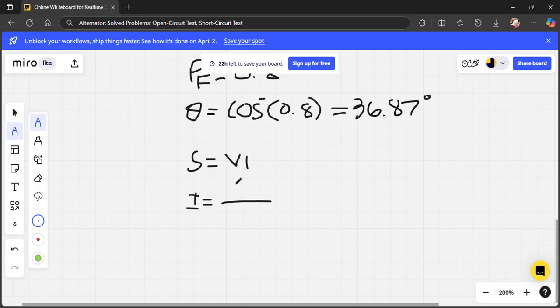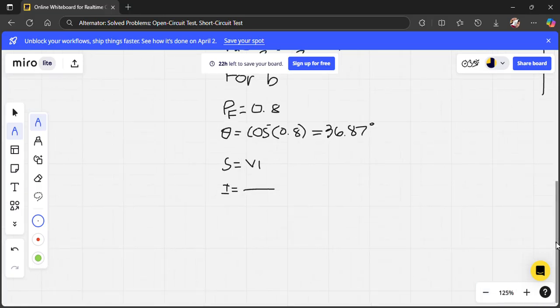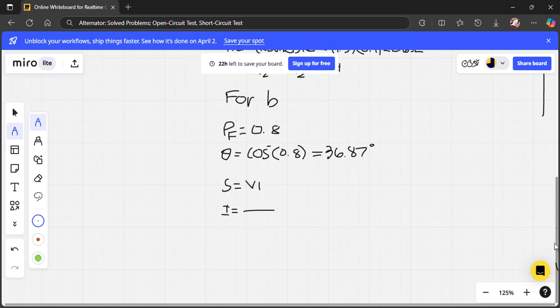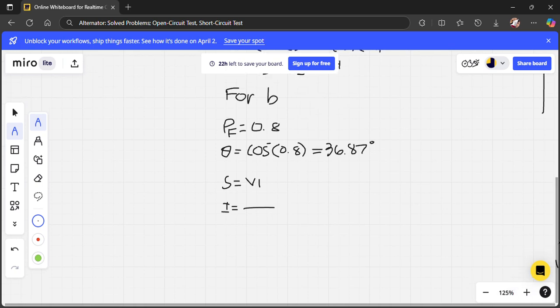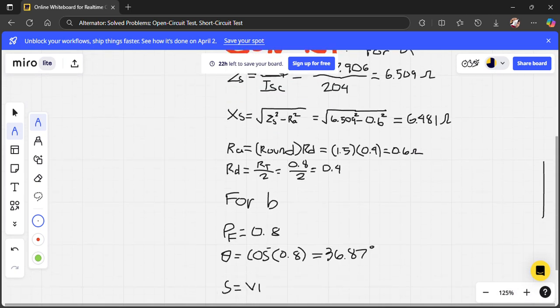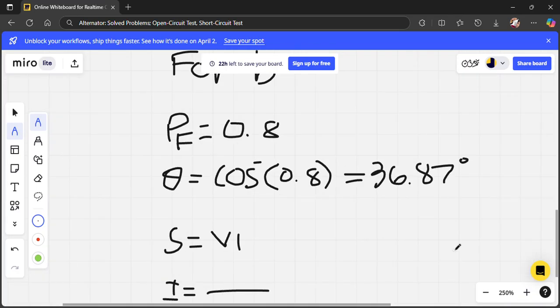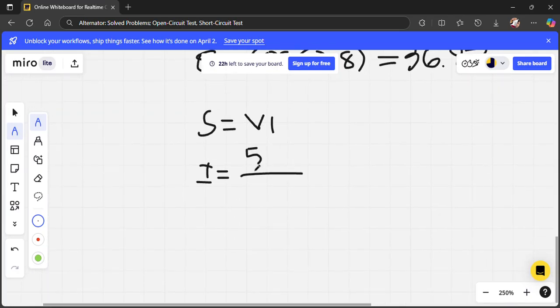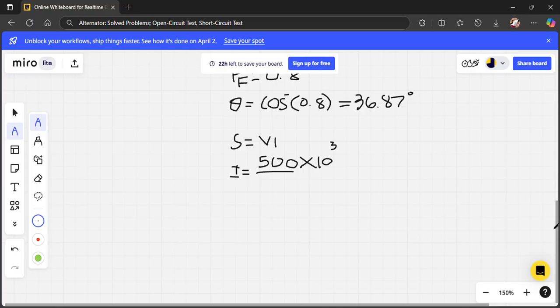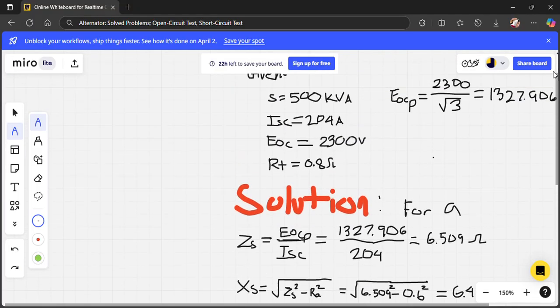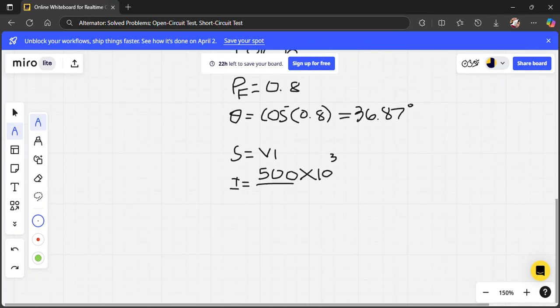It says 500 kVA, and kVA is equivalent to 10 to the power of 3. The voltage is 2300.